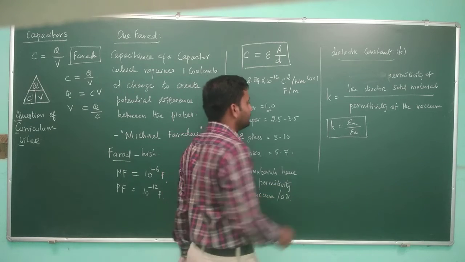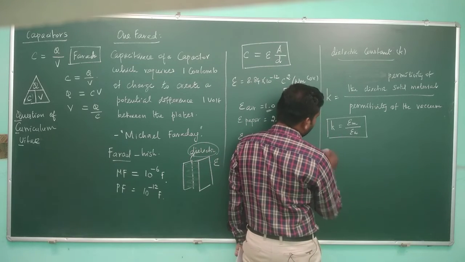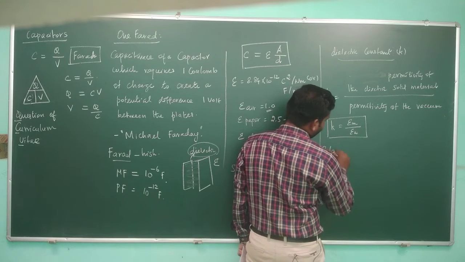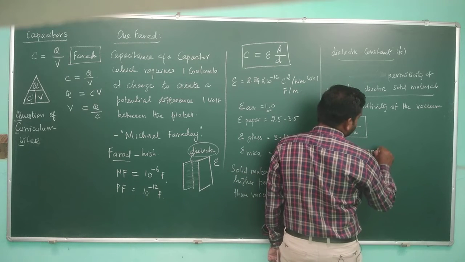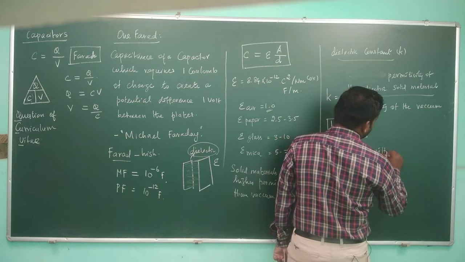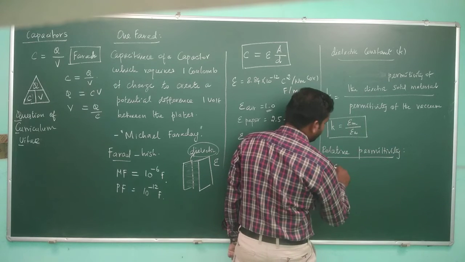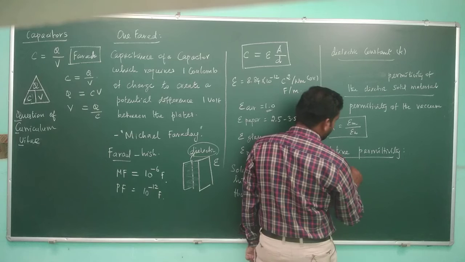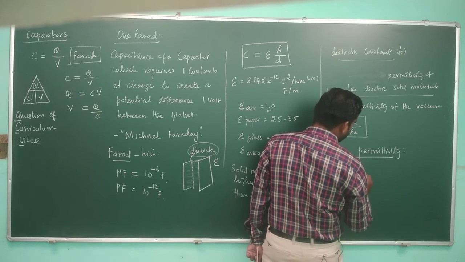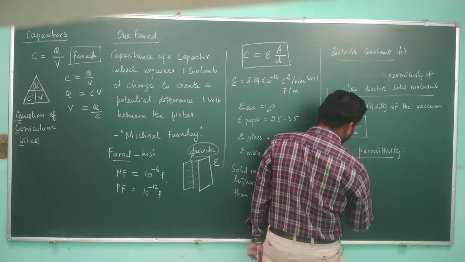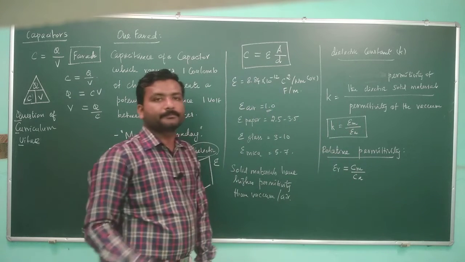This we can denote in another term, relative permittivity. Relative permittivity, epsilon r, is nothing but the capacitance of the material medium to the capacitance of the air medium.